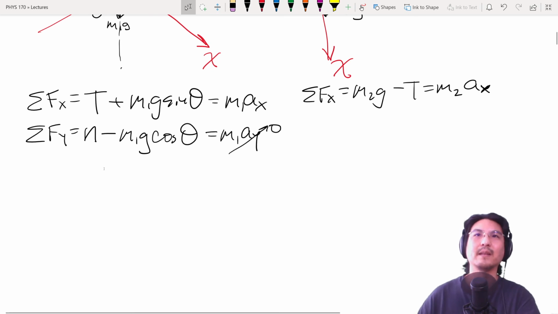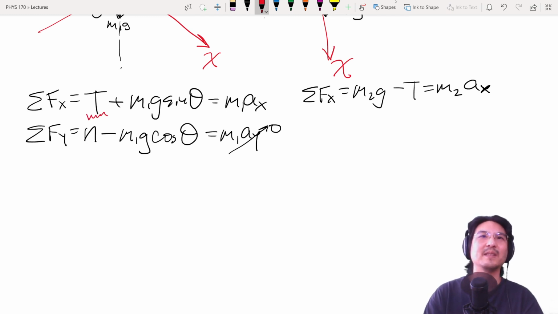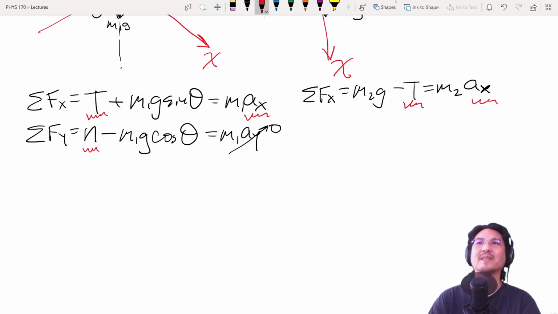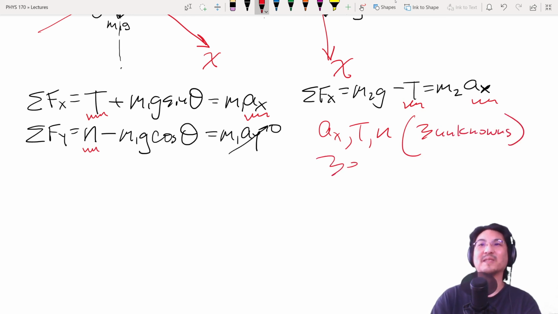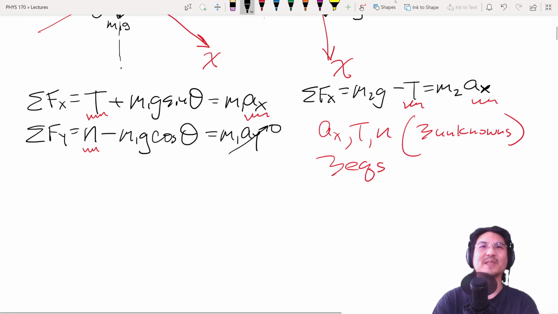So now it's time to figure out what is known and what is unknown. So I don't know the tension, I don't know this, I don't know that. 3 unknowns. But we have 3 equations, so no problem. So solve 3 equations, 3 unknowns.